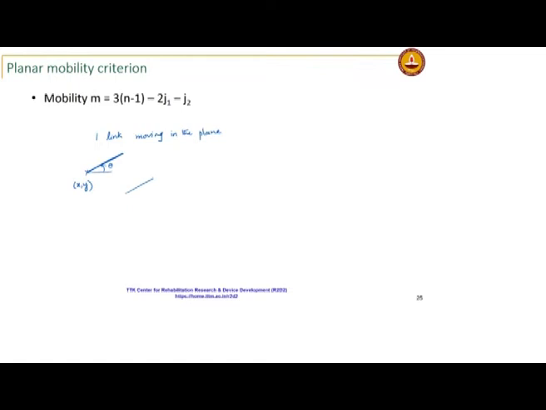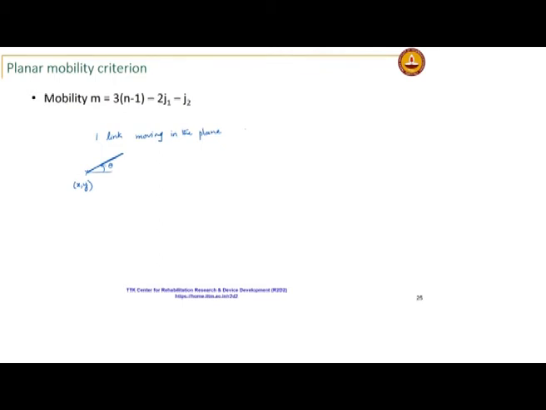What if I take these two coordinates x1 y1, x2 y2? There is a constraint. So, I have 4 quantities, but the distance between those 2 points remains the same. That is a constraint on the link. So, again I only need 3 independent quantities to specify the location of the link.